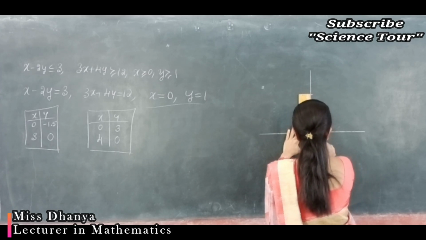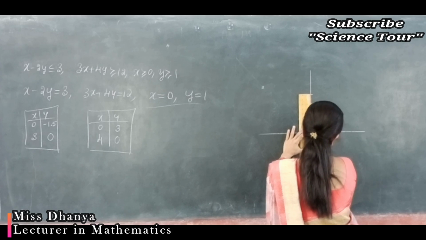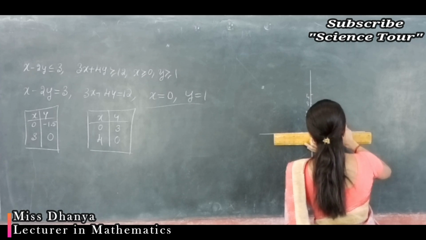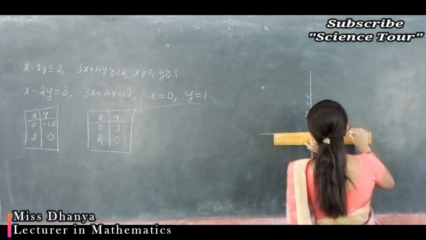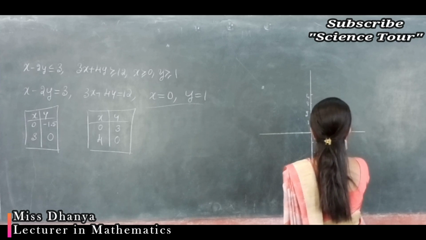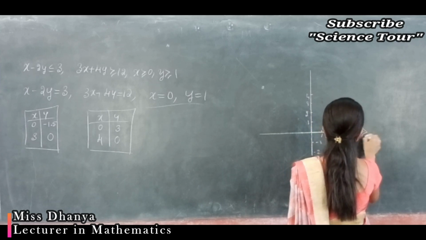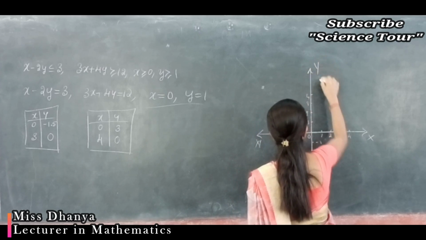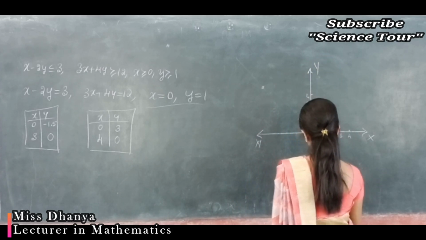Negative side of y-axis minus 1, minus 2, minus 3, then x-axis positive side 1, 2, 3, 4. XO, X dash, and y-axis is YO, Y dash.